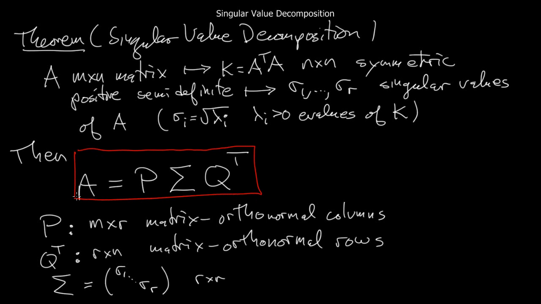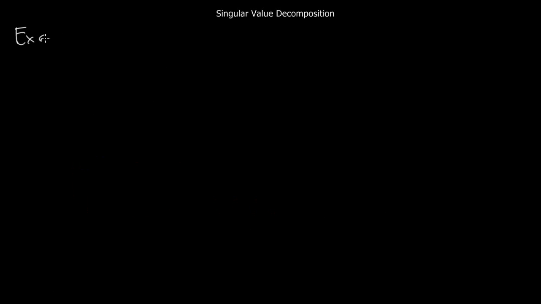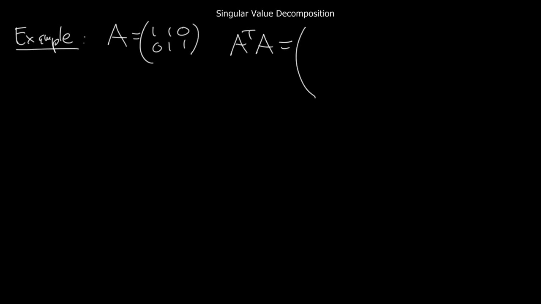All right, so let's do another example. Let's do a little bit more non-trivial example. Now let's take a 2 by 3 matrix like this, 1 1 0 0 1 1. So A transpose A is, let's see, n is 3, so this is going to be a 3 by 3 matrix, and turns out to be equal to this.